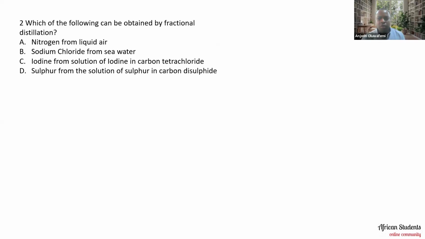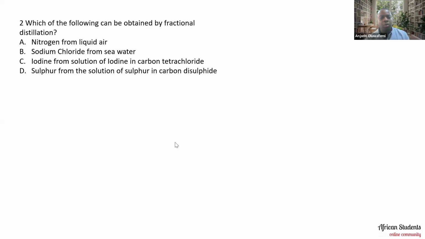A, nitrogen from liquid air. B, sodium chloride from sea water. C, iodine from solution of iodine in carbon tetrachloride. D, sulfur from the solution of sulfur in carbon disulfide.